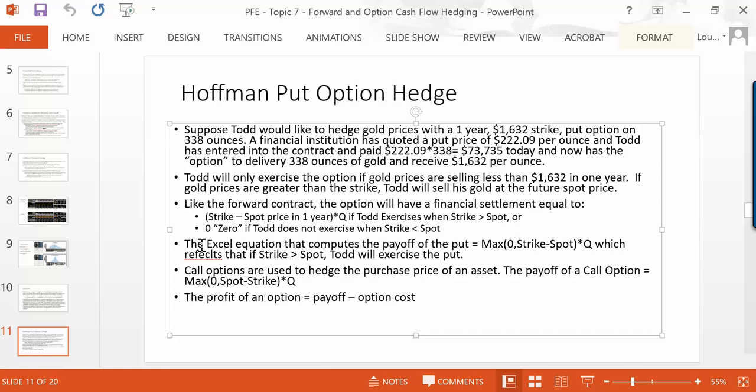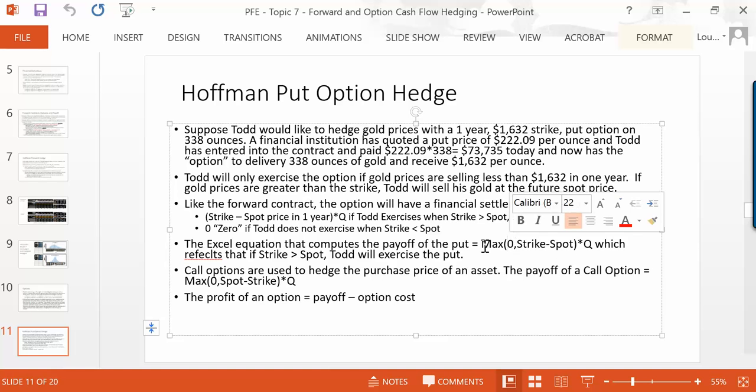Now, how we model a put option in Excel is, if the price of gold goes down, I will make the difference between that exercise or strike price and the spot, times the quantity. So this looks a lot like the forward payoff. However, if that number is negative, in other words, if you're better off not using the strike price, it'll give you 0.